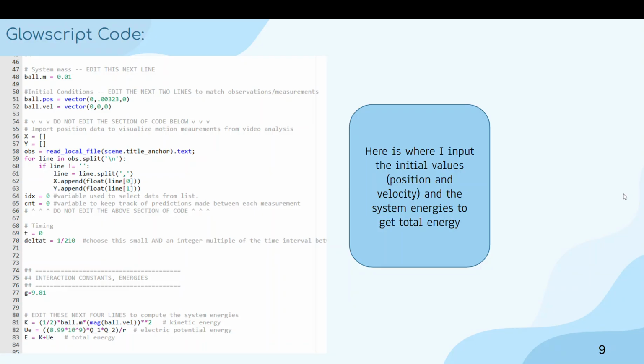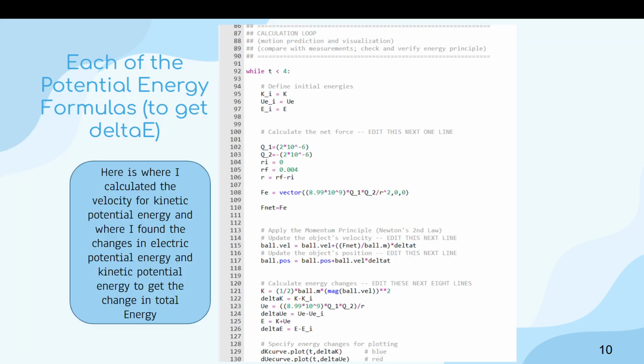So, the GlowScript code. Here is where I input the initial values of the position and velocity and the system energies to get the total energy as seen at the very bottom. There's K plus UE, and E would be K plus UE.